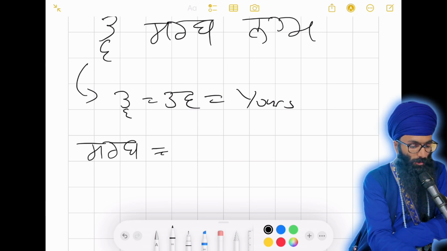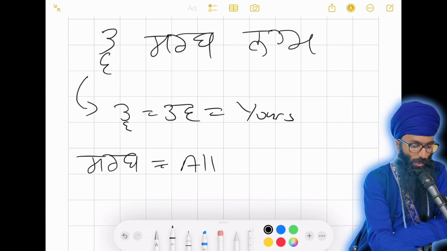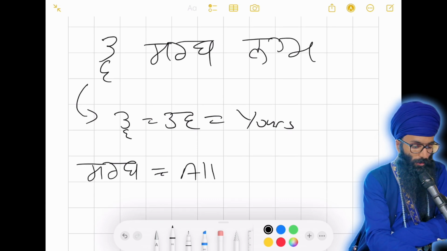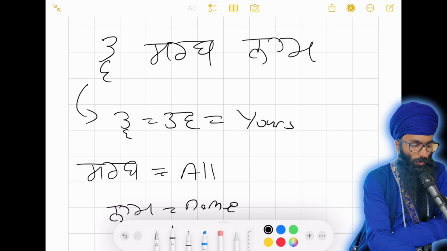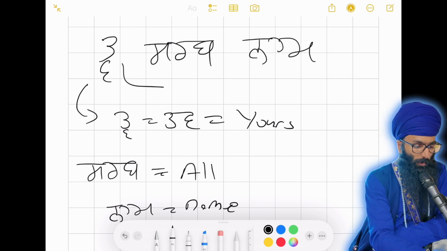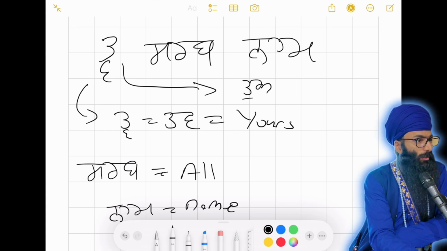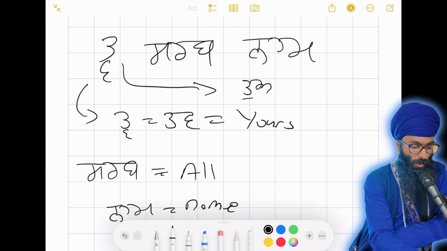What do you guys think sarab means? Oh, very good. Shabash. Sarab means all. Naam means name. To sarvanam. Remember the pronunciation of this we talked about yesterday? Tatta onkar aramukta. To sarvanam.